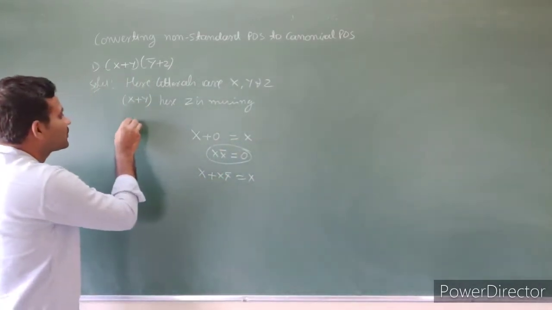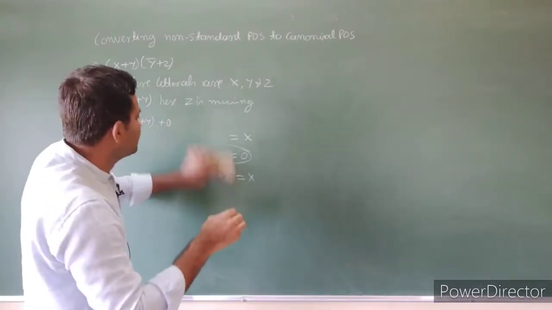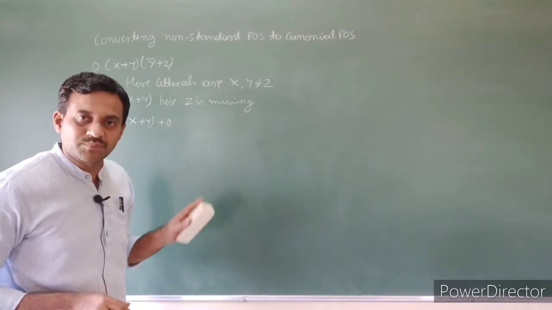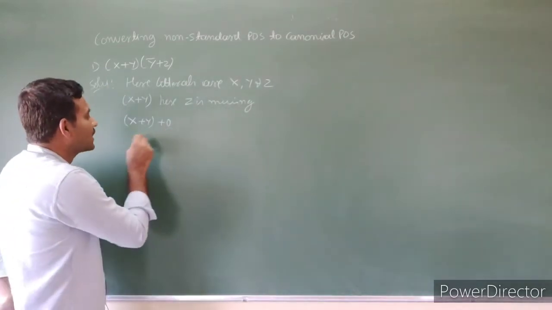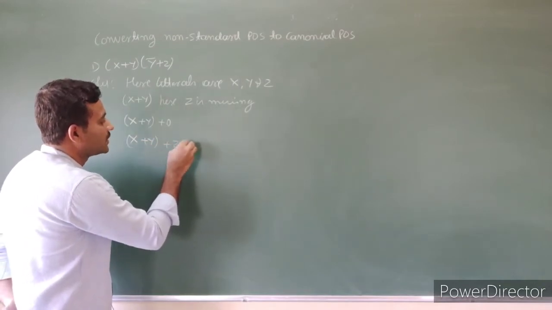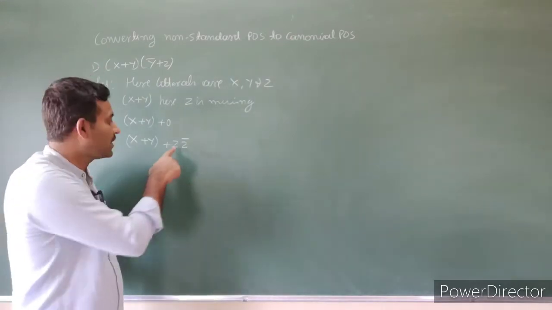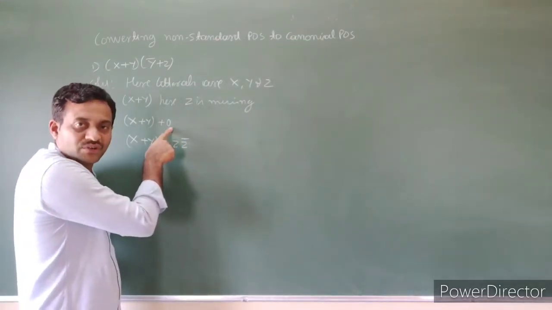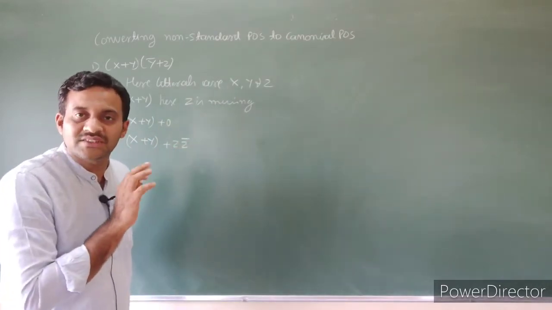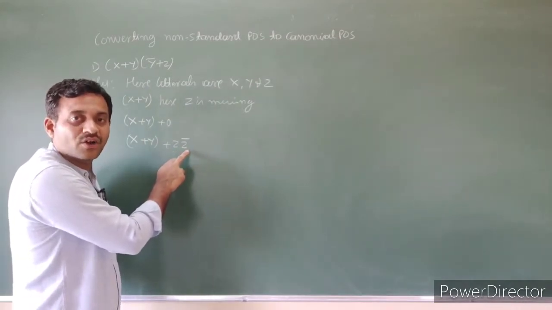We write x plus y plus 0, which is again equal to x plus y. Then 0 can be replaced by the missing term and its complement, z into z bar, since z into z bar equals 0 and x plus 0 equals x. The original expression remains the same.